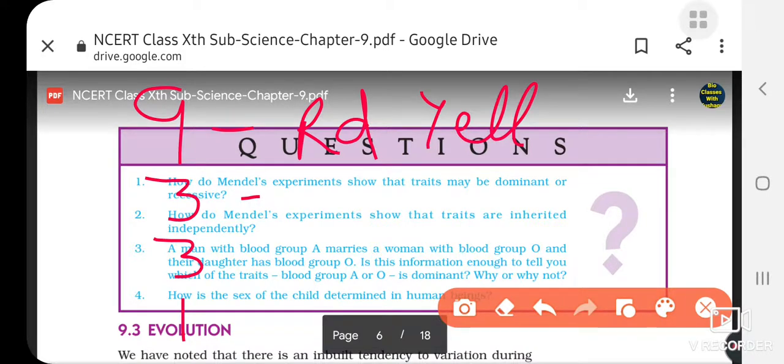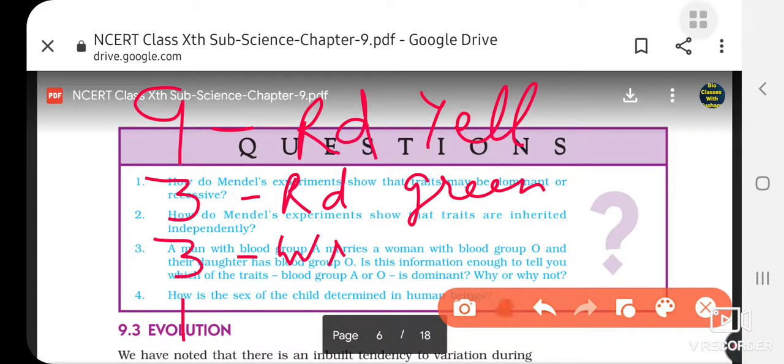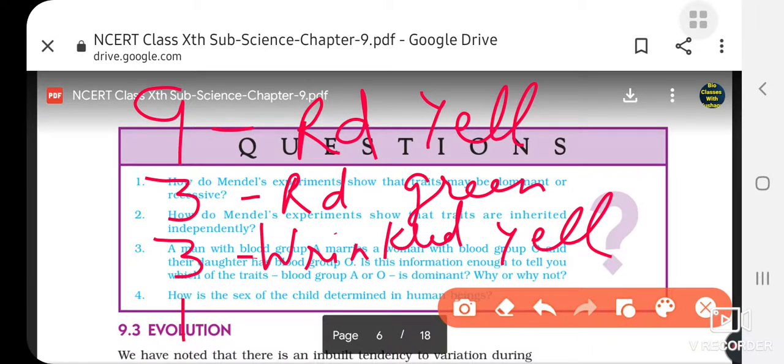Next ones were round green. Then next ones were wrinkled yellow, and the least number was of green wrinkled, which was the pure recessive factor.